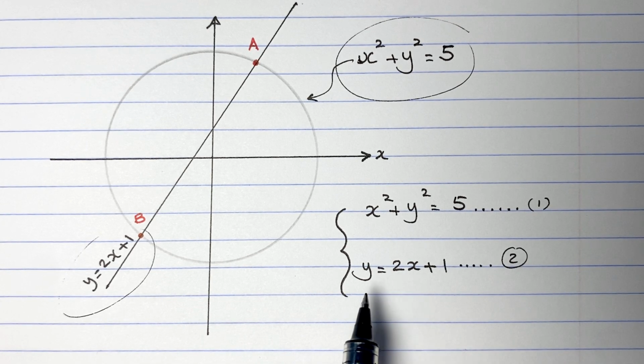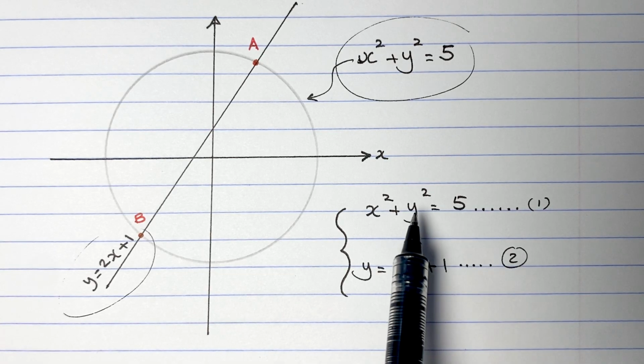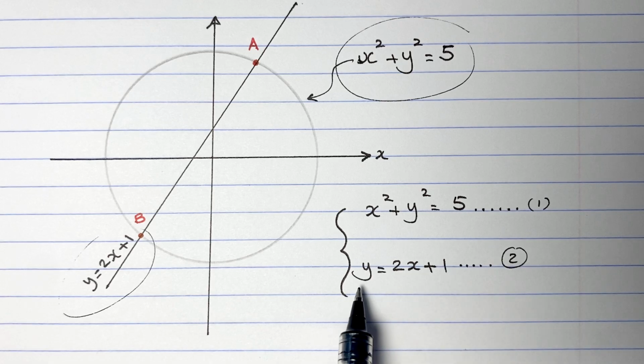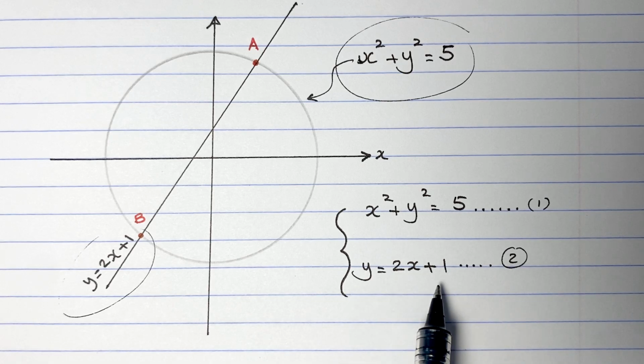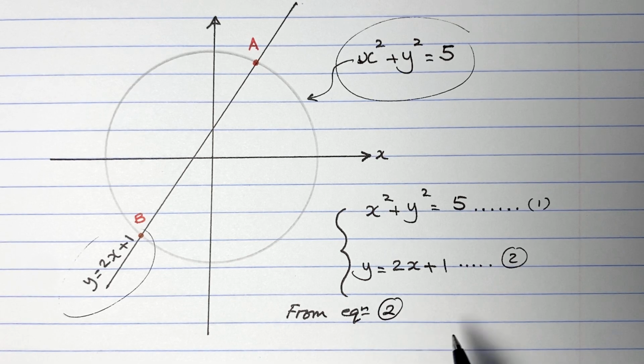So to substitute, I go to the equation of the line, make either y or x the subject, and replace that in equation 1. The equation of the line is already in a beautiful form. Y is already the subject. So from equation 2, y equals 2x plus 1.